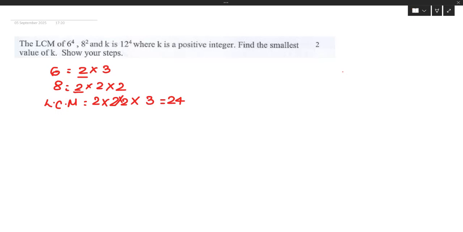So for the LCM of all the three numbers to be 12, k will reduce the LCM from 24 to 12. We have to reduce the LCM from 24 to 12. This means k must be a factor of 12. So what are the factors of 12?